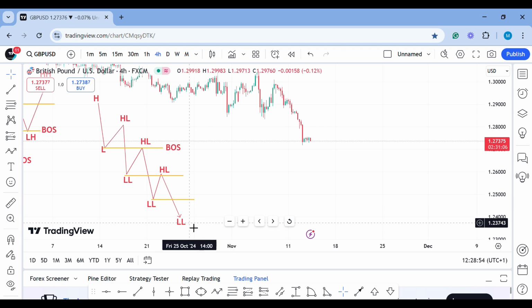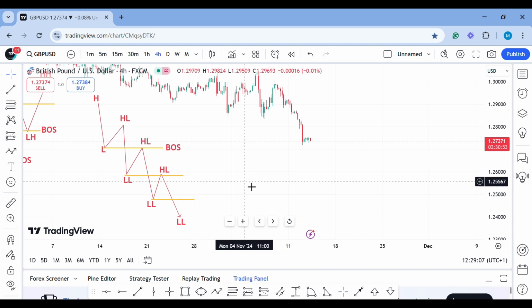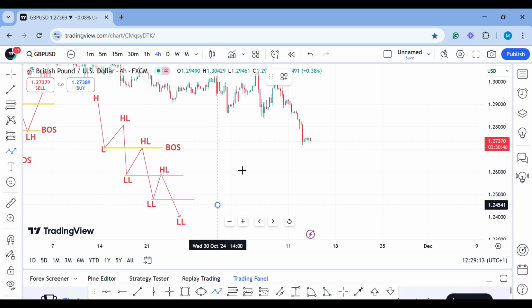The market will surely create a correctional move before tanking down. So you should sell at the end of the correctional move, and buy also at the end of the correctional move.